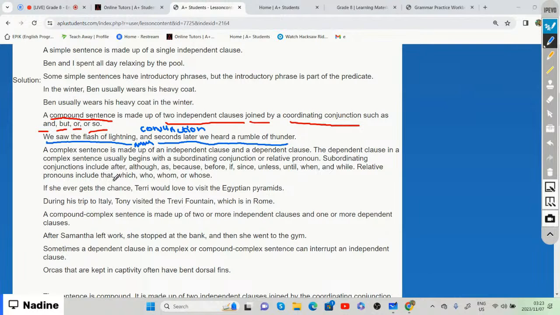If, and as you can see, if is a subordinating conjunction. In a complex sentence, it starts with a subordinating conjunction, or it starts with a relative pronoun.